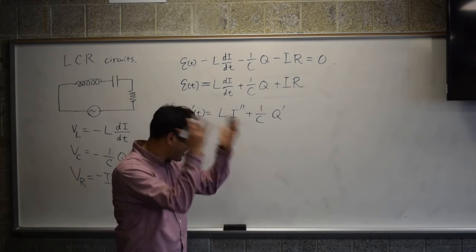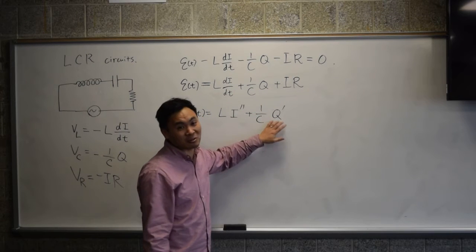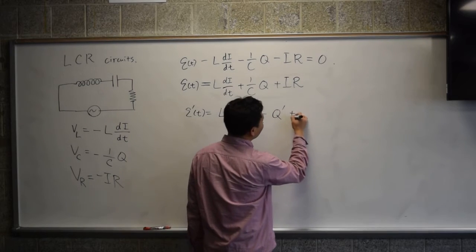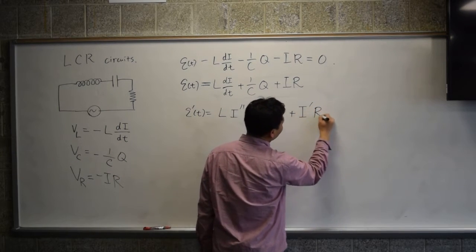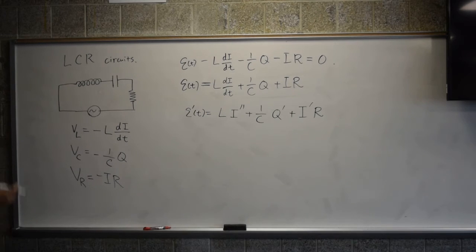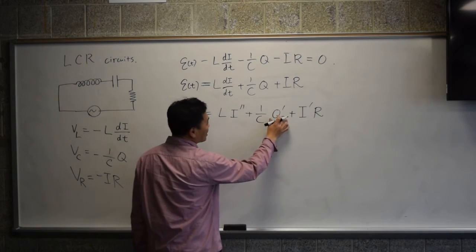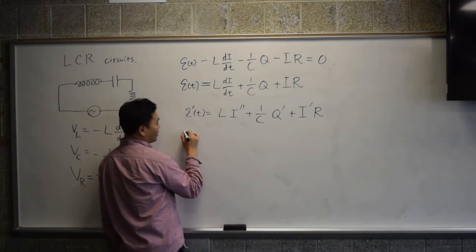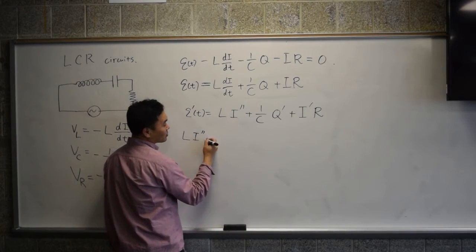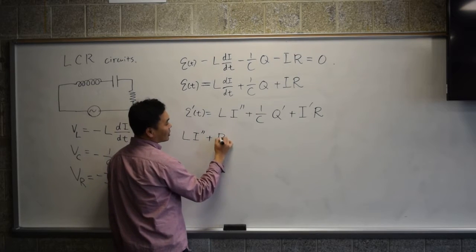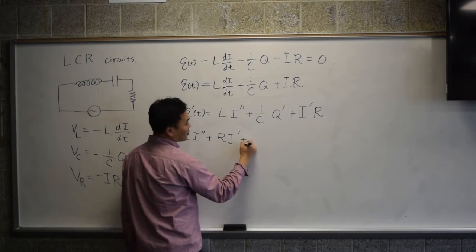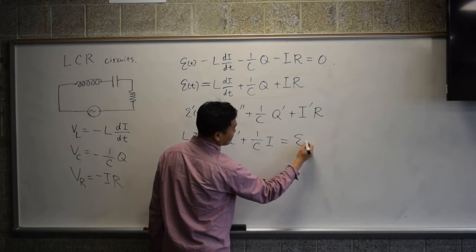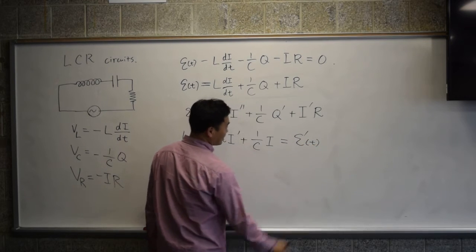What's the change of charge with respect to time? That's current. Then R times I prime. And then we replace this Q prime by I, and let's write this on this side. L I double prime plus R I prime plus 1 over C times I equal to E prime.